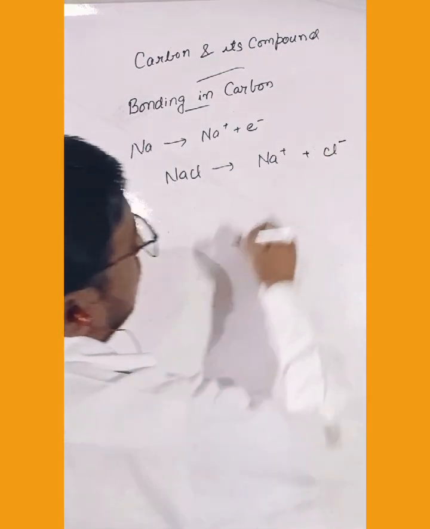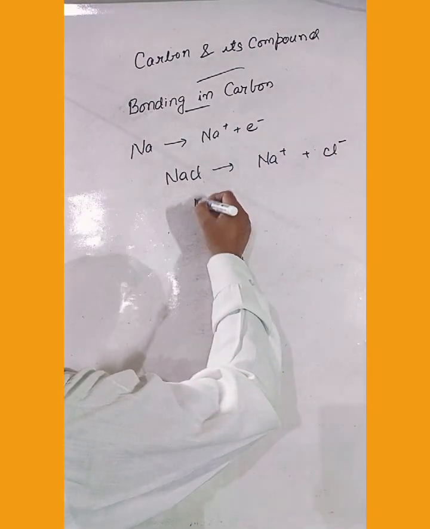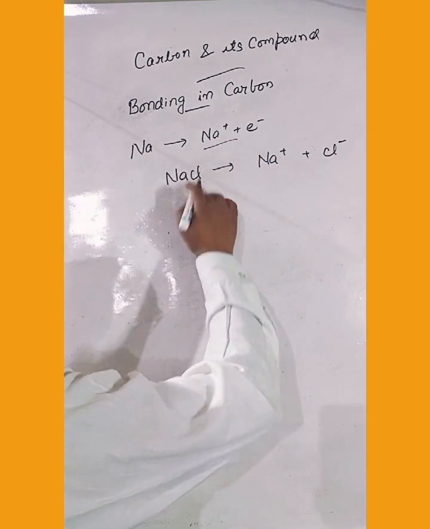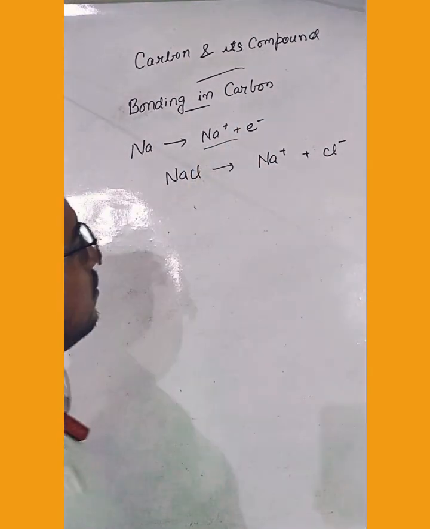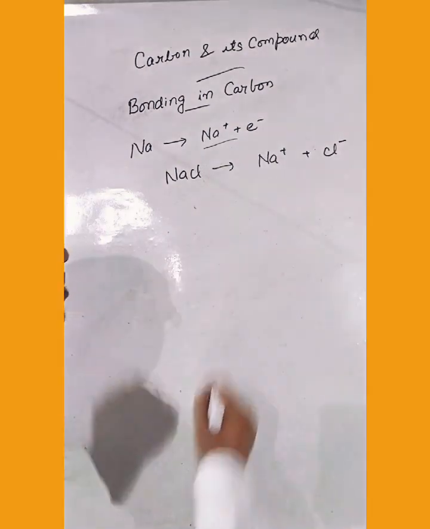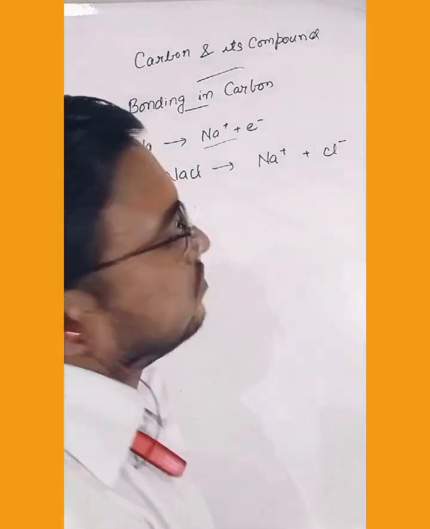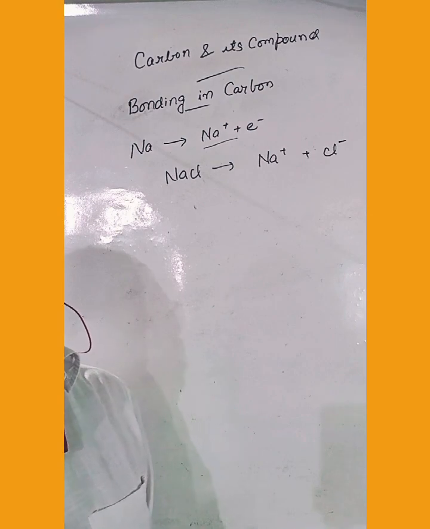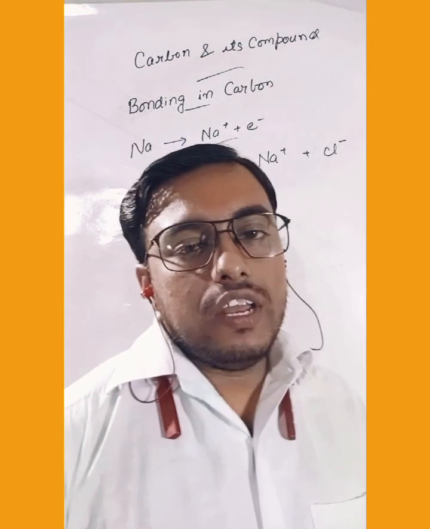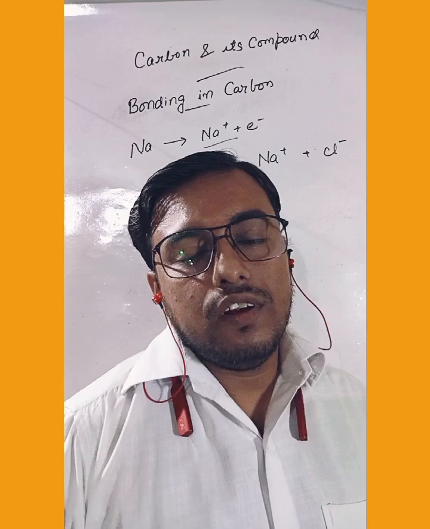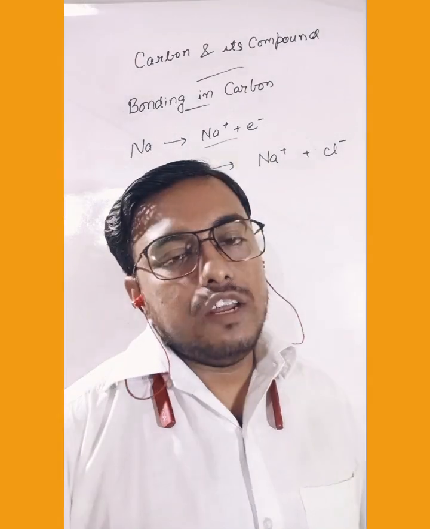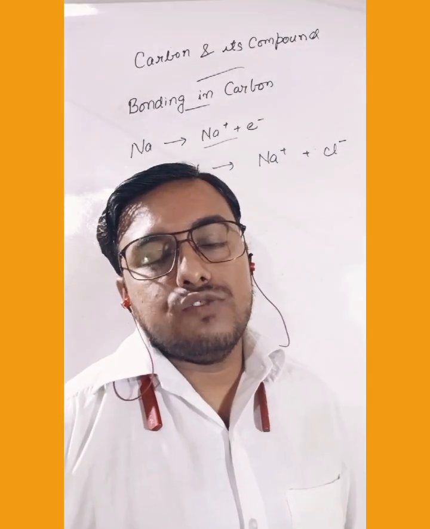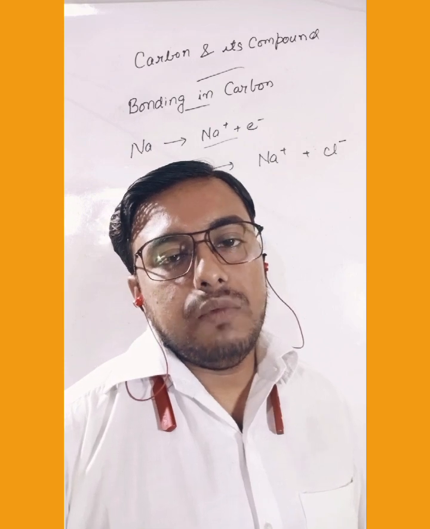The sodium is giving one electron and the chlorine is accepting an electron, forming an ionic bond. An ionic bond is formed when they come close to each other. In this, transfer of electrons takes place to form a compound.